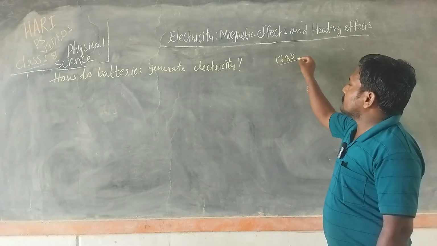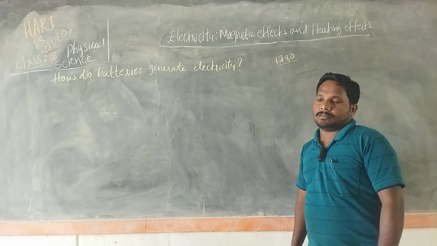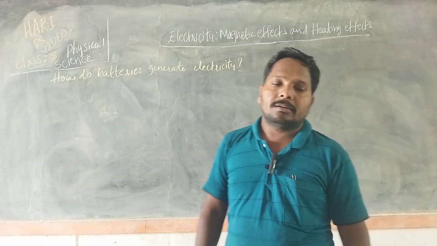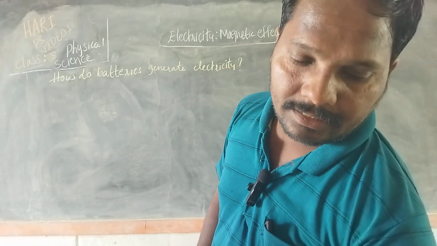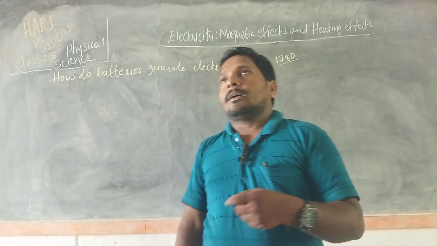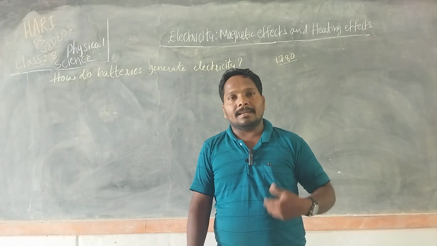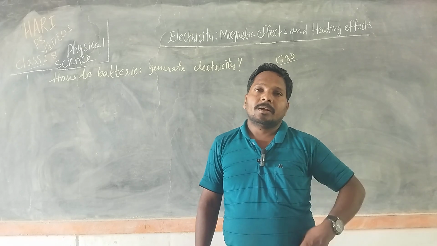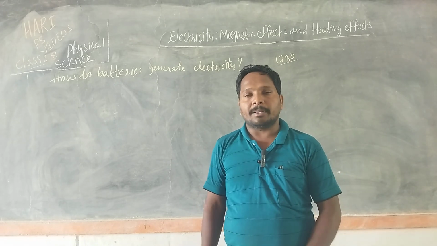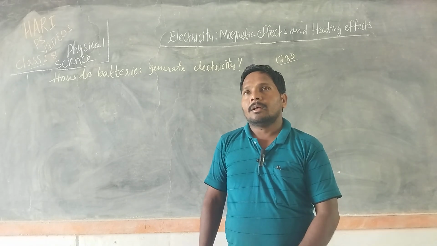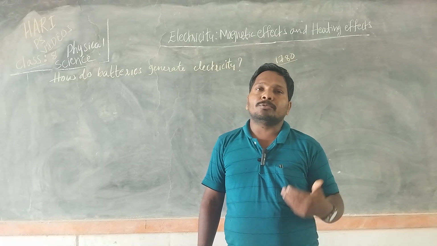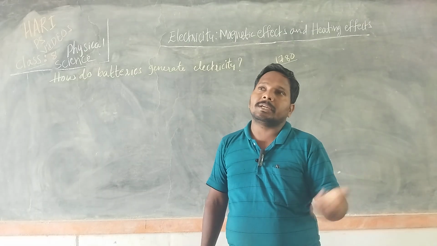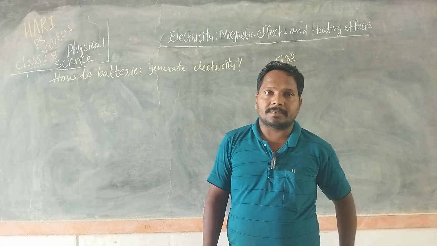In those times many scientists discussed and thought about how to generate electricity and how to store that electricity for various purposes. Many scientists were trying to generate electricity using different methods.